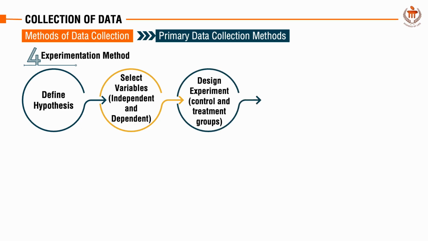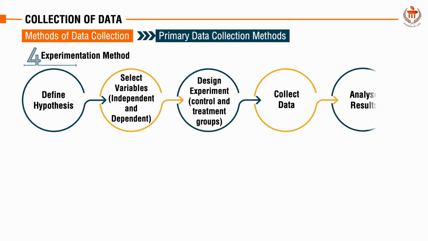The experiment is then designed, often including control and treatment groups, to compare the effects of manipulated variables. Afterward, data is collected, typically through observations or measurement. Finally, the results are analyzed to determine if the hypothesis is supported or if the data reveals any significant patterns.